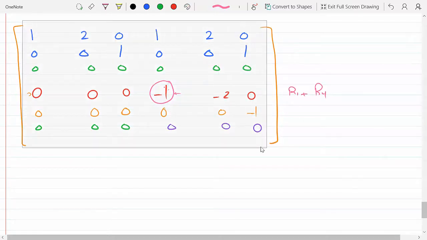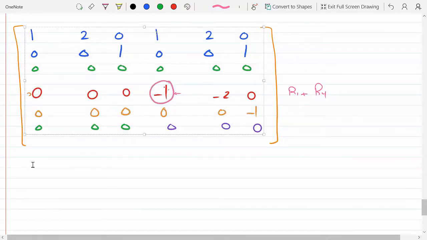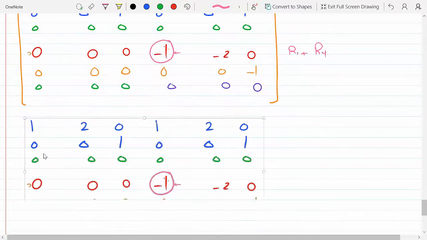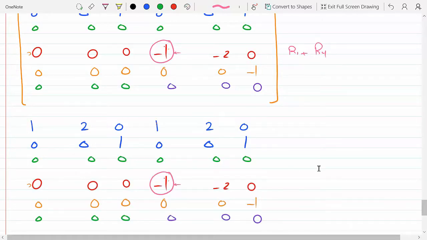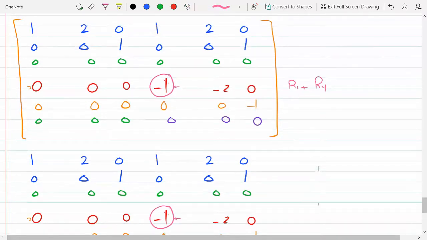So now let me copy and paste this. So I'm going to change row number 4.